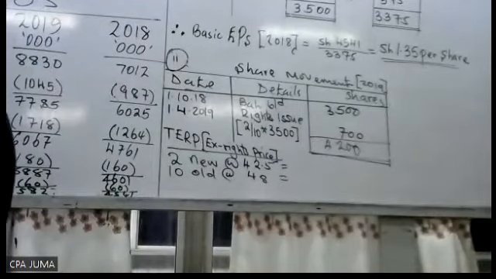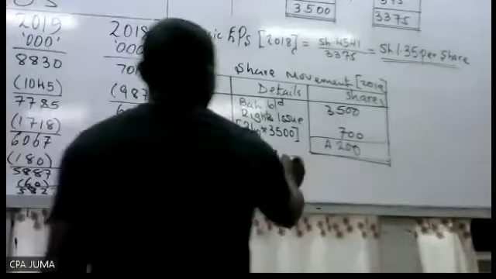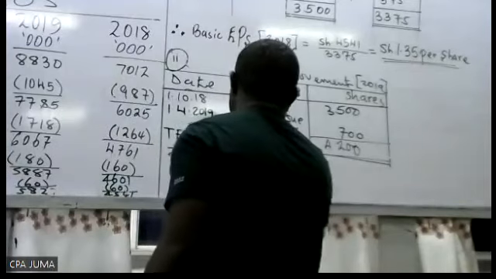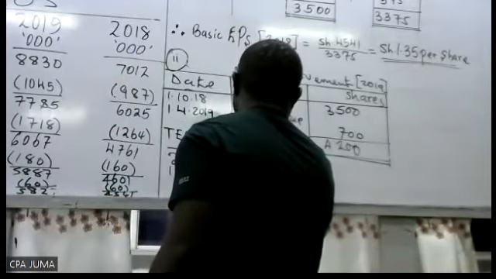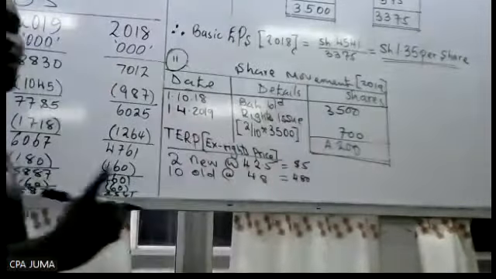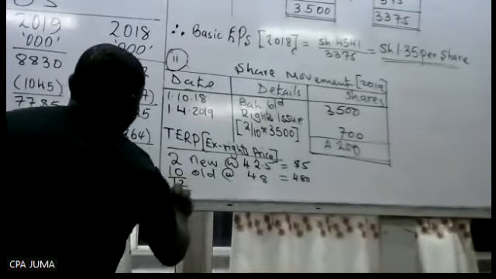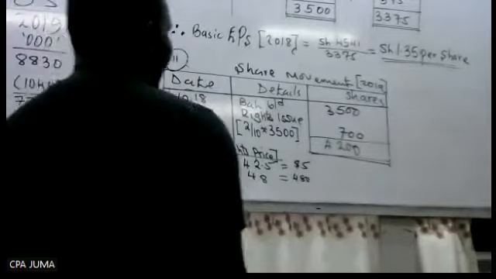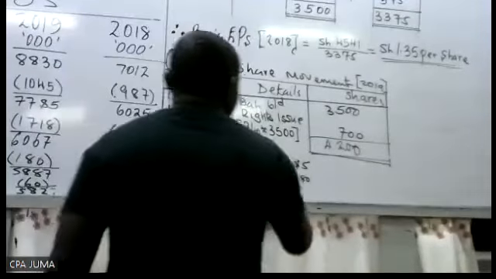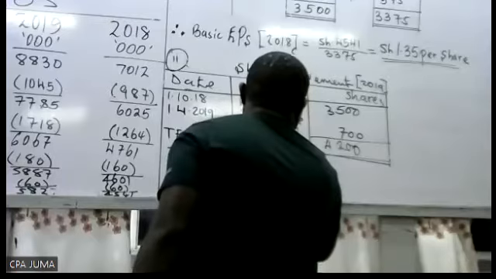The two new at 42.5 give 85, plus the old 10 at 48 is 480, so this shareholder ends up having 12 shares with a value of 565.